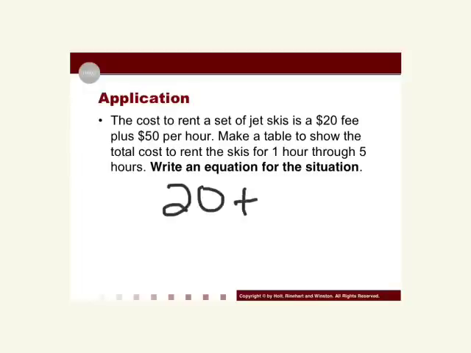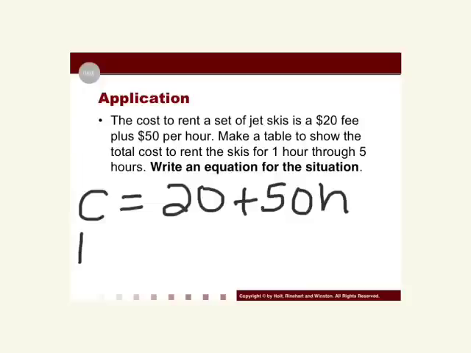Plus, I have to pay $50 for every hour. Since they want me to write an equation, this just represents an expression. So for the cost to rent, I'm going to write C equals. So now that's the equation to find that.